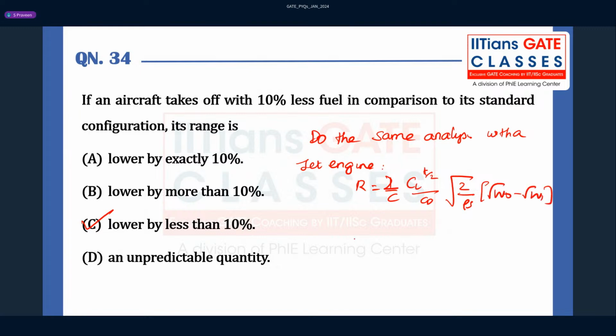Do this and see what the change in range is. You'll obviously get the same answer as well. Try this out on your own. This is food for thought for you.